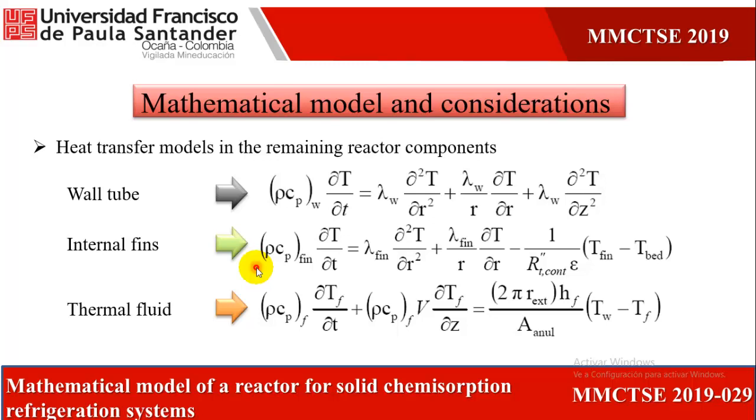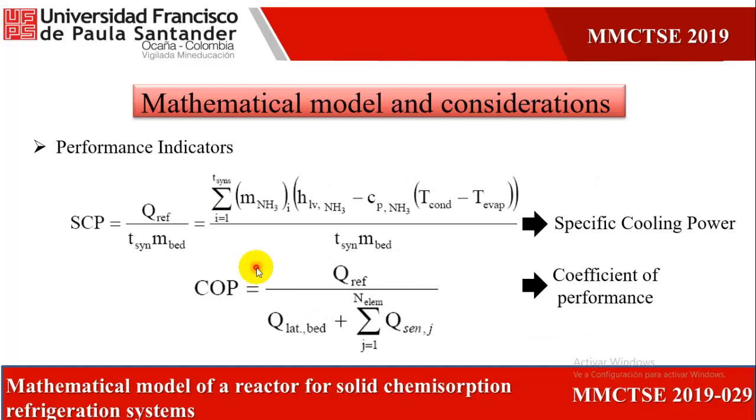In this slide, we have the equation that allows determining the performance parameters of the system, especially during the synthesis phase, that is where the absorption state of the refrigerant occurs in the system. The first equation here represents the specific cooling power, that is a measure of the capacity of the cooling power produced as a function of the absorbing mass that we have in the system, and the COP is the coefficient of performance and represents the measure of heat utilization that is being supplied to the system.